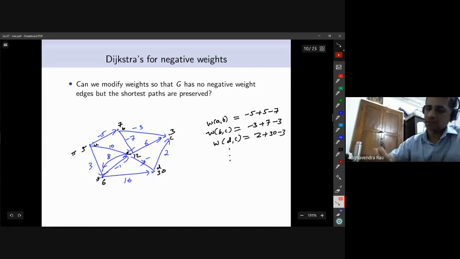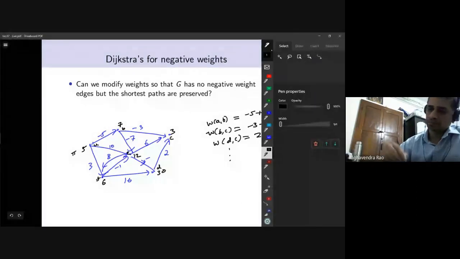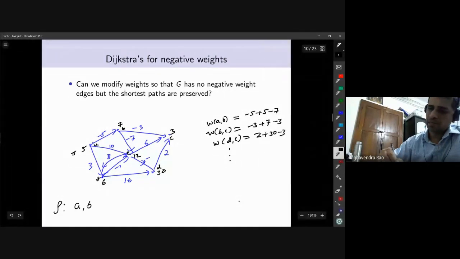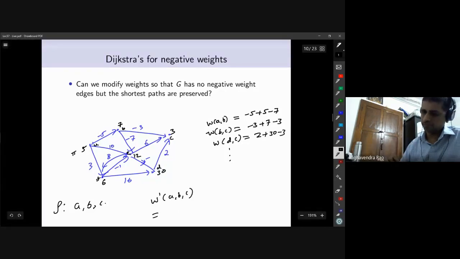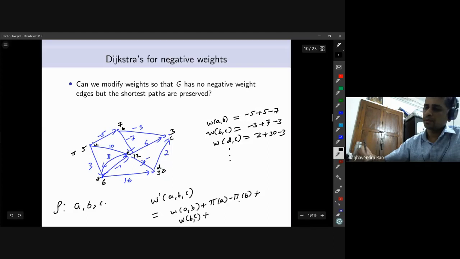So consider the path rho being A, B, C. Now the weight prime of ABC will be the weight of AB plus pi A minus pi B, plus the weight of BC plus pi B minus pi C. This is what you are going to get.